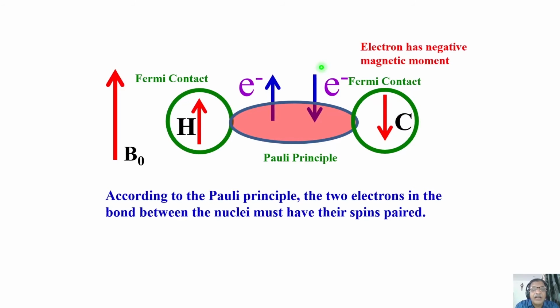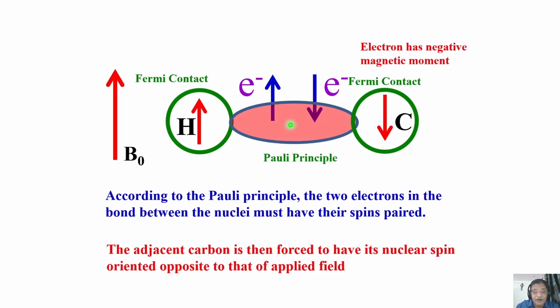So now I understood the orientation of proton and carbon. What about the adjacent carbon? Now because of this type of mechanism, first Fermi contact, then Pauli principle pairing up, then again a Fermi contact, these interactions will force the neighboring carbon to have spin oriented opposite to this field.